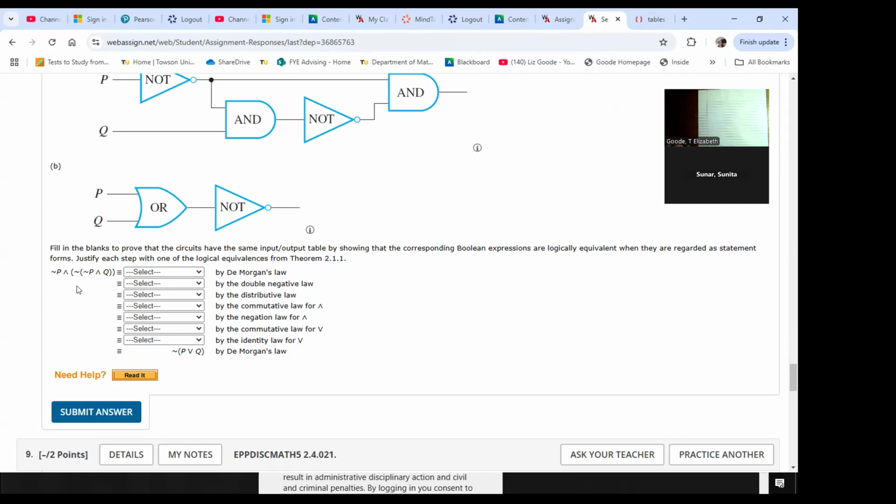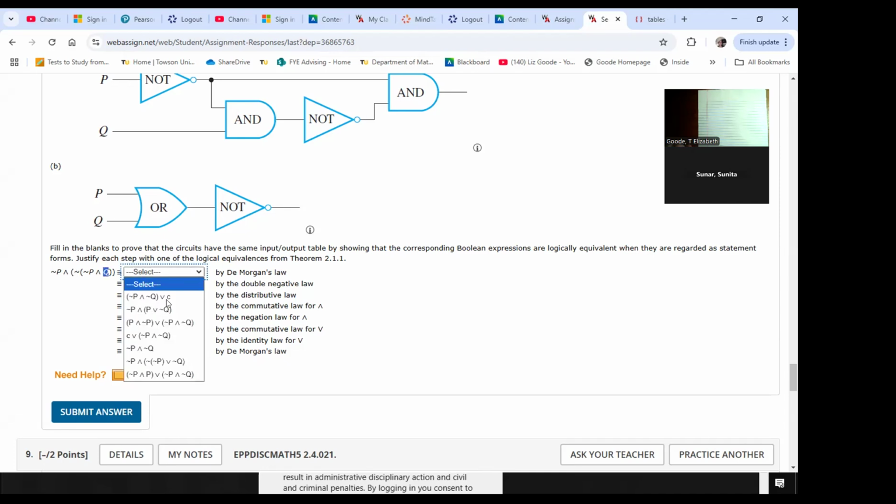Do you see how De Morgan's law is going to show us how to distribute that not across not P and Q? First it's not P, and then the and switches to an or, and then the Q becomes a not Q.